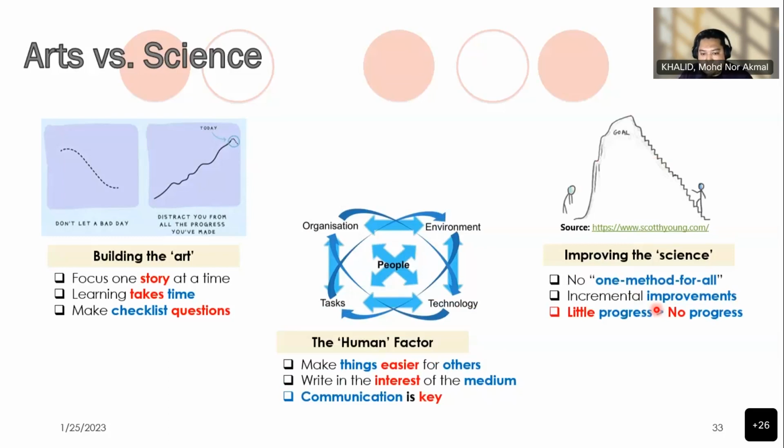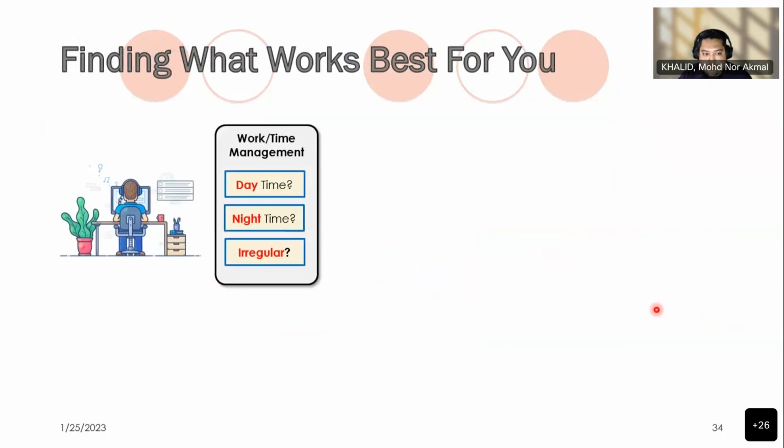And then there is no one method for all. Some journals ask for this, some require that, some require this timing, some require this preparation and so on. So you need to improve yourself little by little, then find what works best.